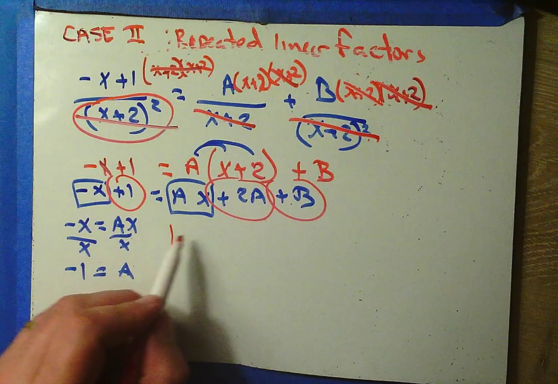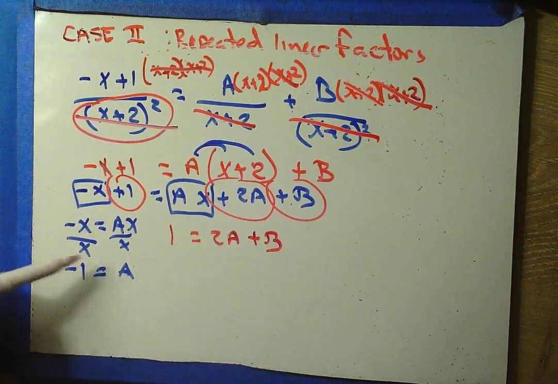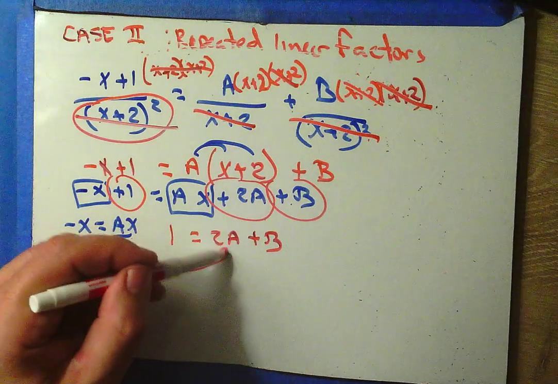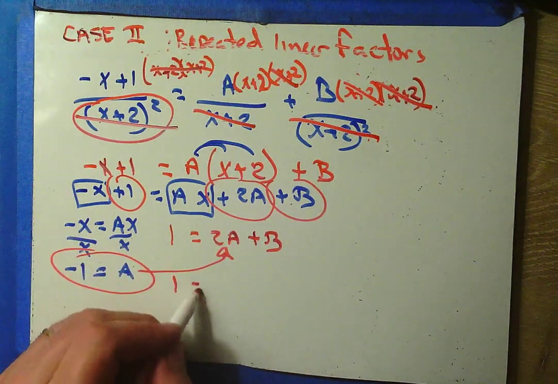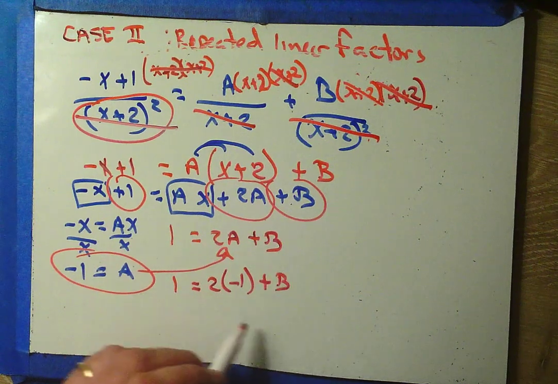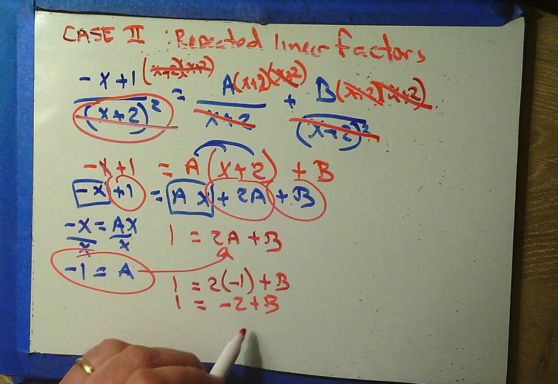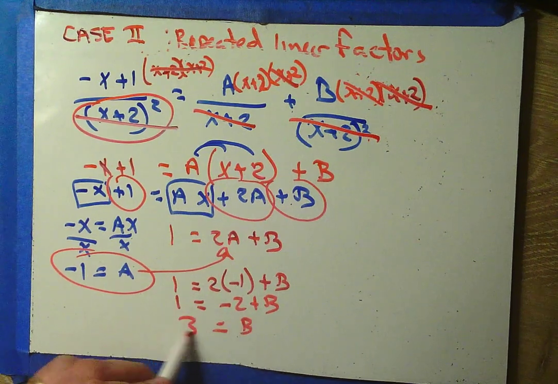And so I'm going to have 1 equals 2a plus b. But we know that a is equal to negative 1, so let's plug that in as well. 2 times negative 1 plus b. And I get 1 equals negative 2 plus b, or b equals 3.